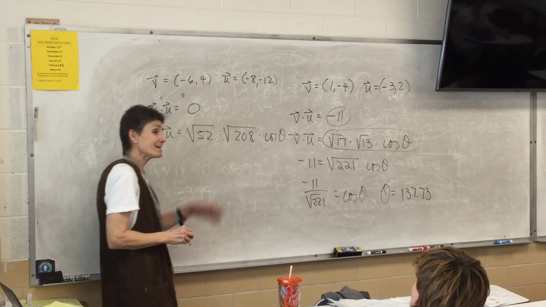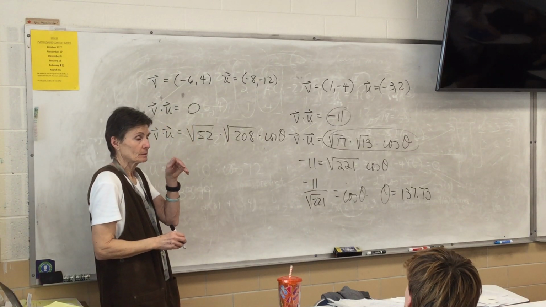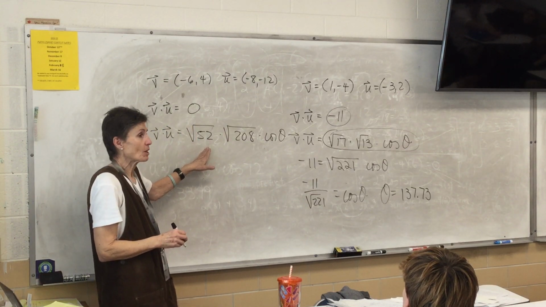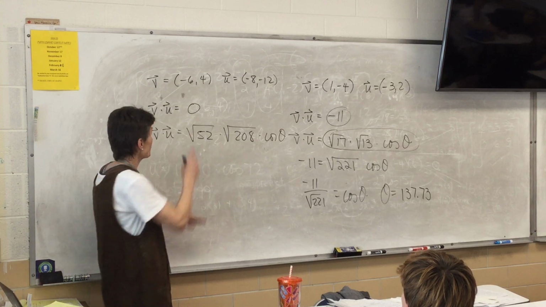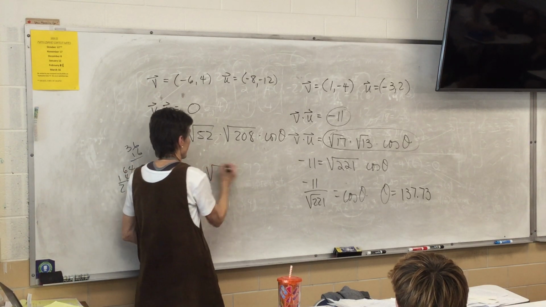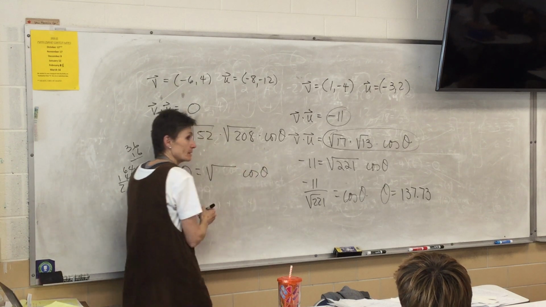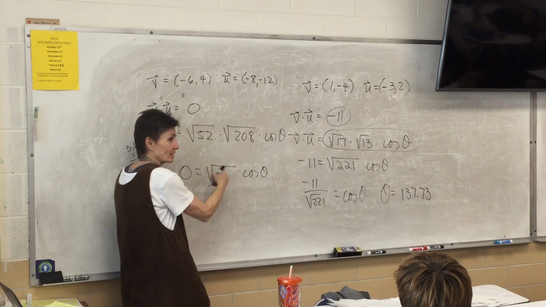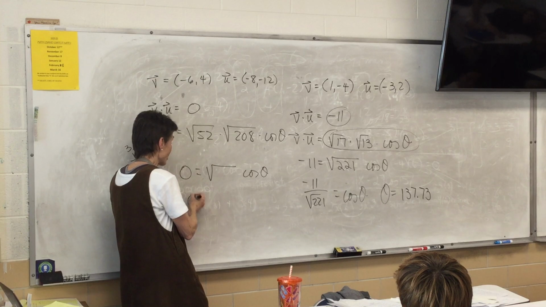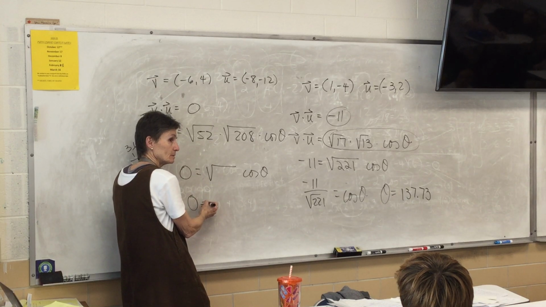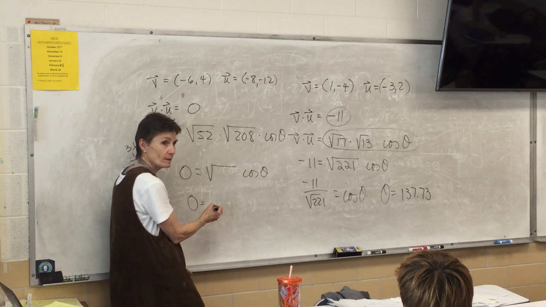Now, as it turns out, Anna's mistake wouldn't have made a darn bit of difference. Because when you set these equal to each other, I don't care what this radical is. When I divide, aren't I still going to have 0? Are you following me?